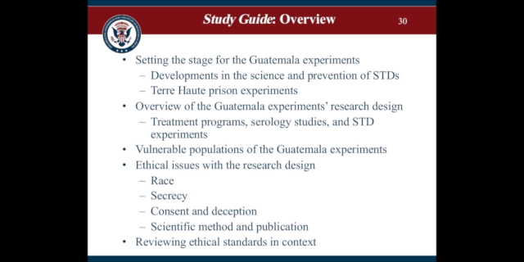The study guide is broken into five different topics, including the historical context of the experiments, the actual protocol design, the vulnerable populations used as subjects, specific ethical issues with the research design, including racism, secrecy, consent, and scientific publication, and then the importance and challenges of reviewing ethical standards retrospectively.